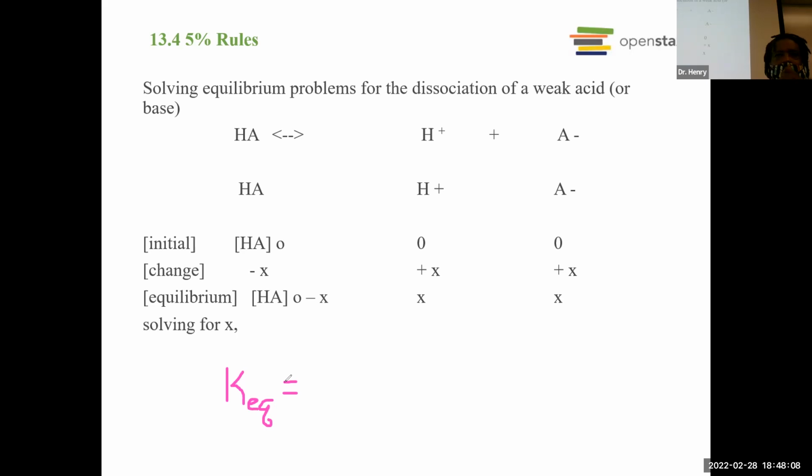The quotient is just at any given point. The equilibrium is when it's at equilibrium, but the equation is the same. Okay, so how would I write it if this was my chemical equation for generic acid dissociation?